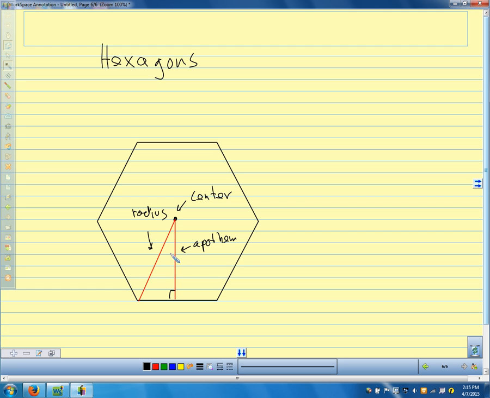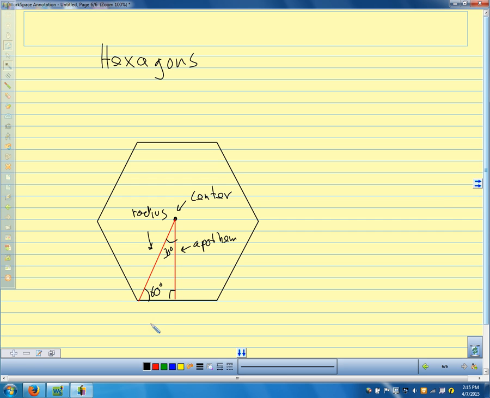The central angle of a hexagon, 360 divided by 6 is 60. And this is half a central angle. So that's a 30-degree angle. And that makes that angle a 60-degree angle. So we have a 30, 60, 90 triangle inside a hexagon that we can use to find missing pieces.